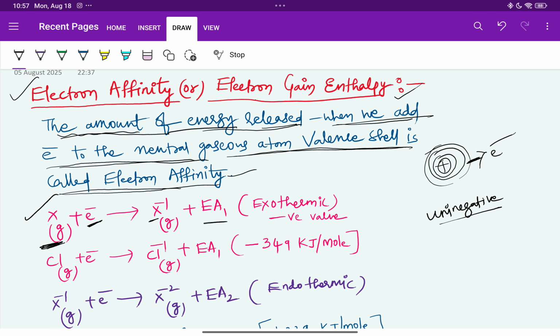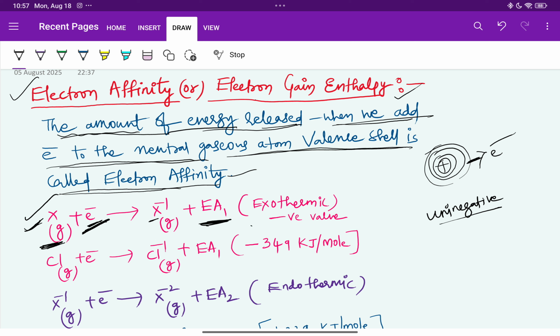And here EA1 is nothing but the first electron affinity. Some amount of energy is released when you add an electron to the neutral gaseous atom's valency shell. That energy I am showing with EA1, because you added the first electron to the neutral gaseous atom.